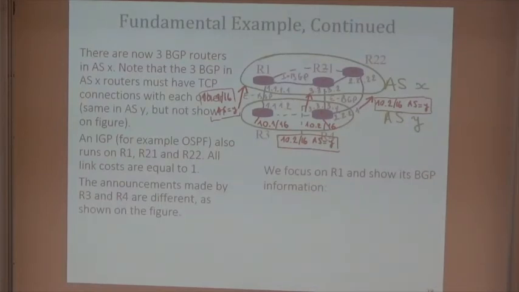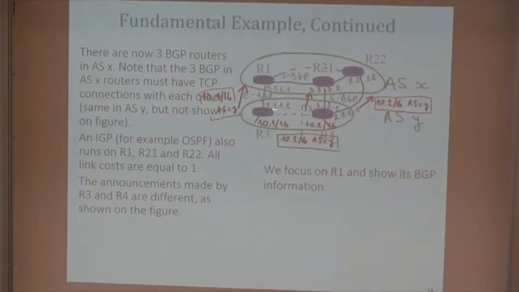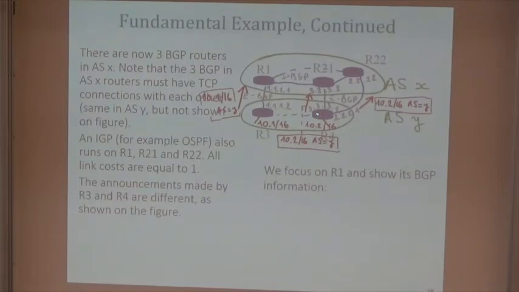We'll talk about that later. In the lab you will see that you have to decide which BGP router advertises or originates into the system which routes. So here we've changed the configuration, and every BGP router announces only the thing that's local to itself.